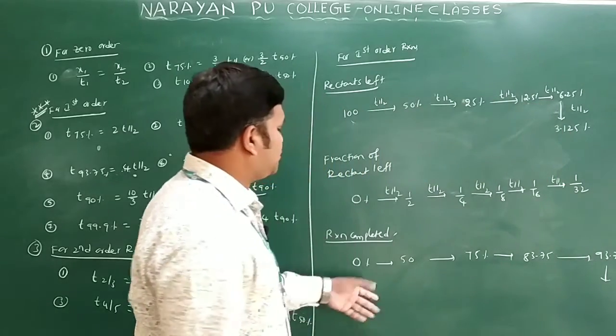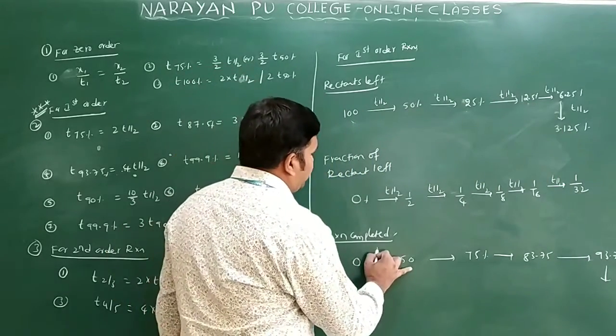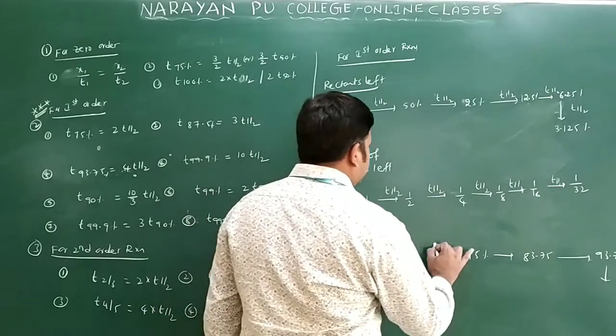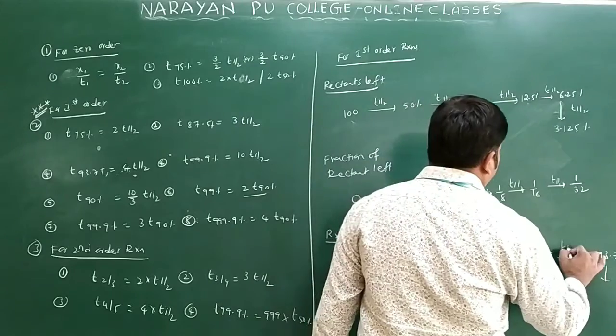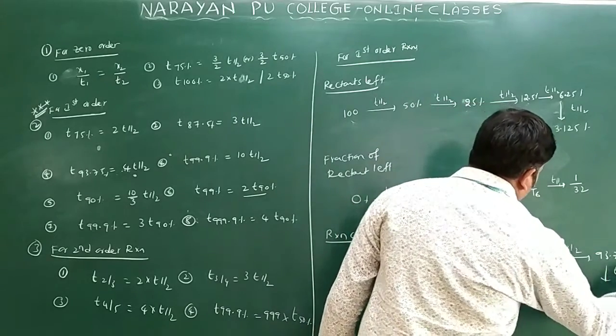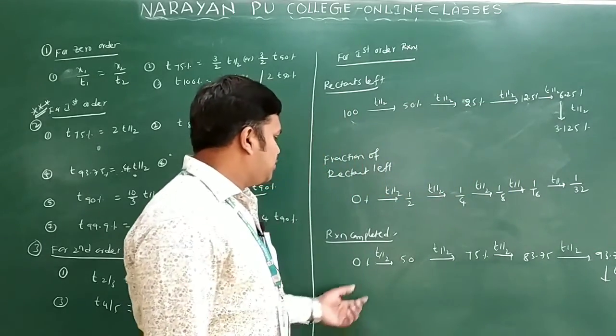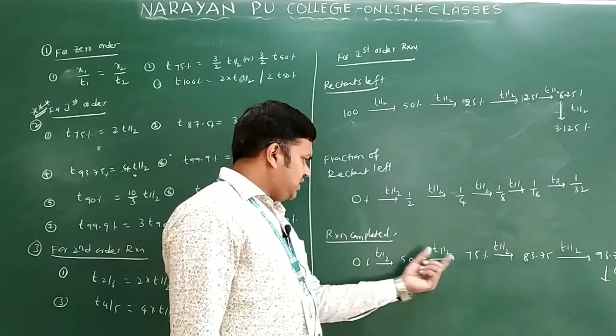So just taking here 0% T of that. So 50% is T of, this is T of, this is T of, and this is T of. So 0 to 50% is T of here.